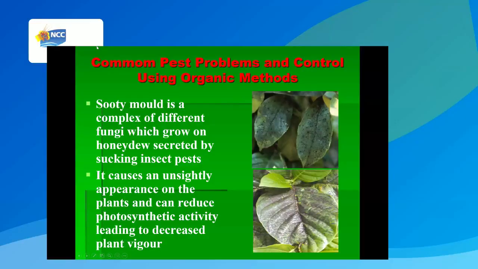And that black stuff that you see on your leaves is a complex of various fungi growing in that sweet, sticky liquid called honeydew, which has been secreted by the sucking pests. Now, when that black covering gets on the leaves, it inhibits photosynthesis because the sunlight can't really penetrate into the leaf tissue to ensure maximum photosynthesis. So the plant suffers from reduced vigor and poor growth.